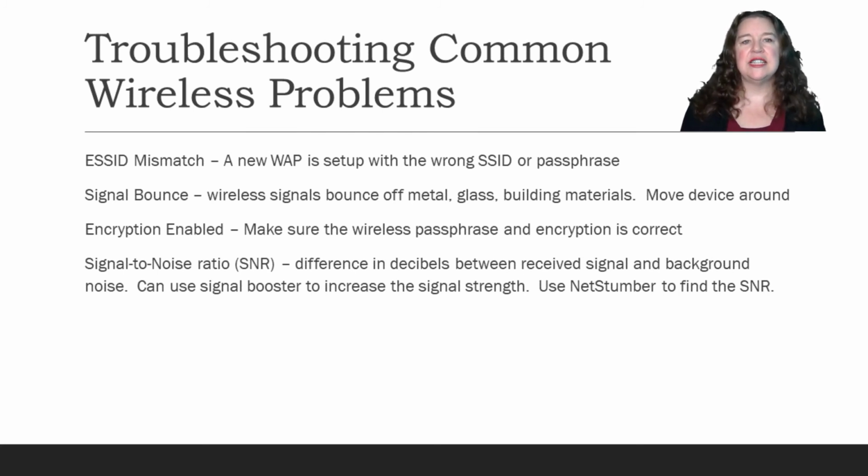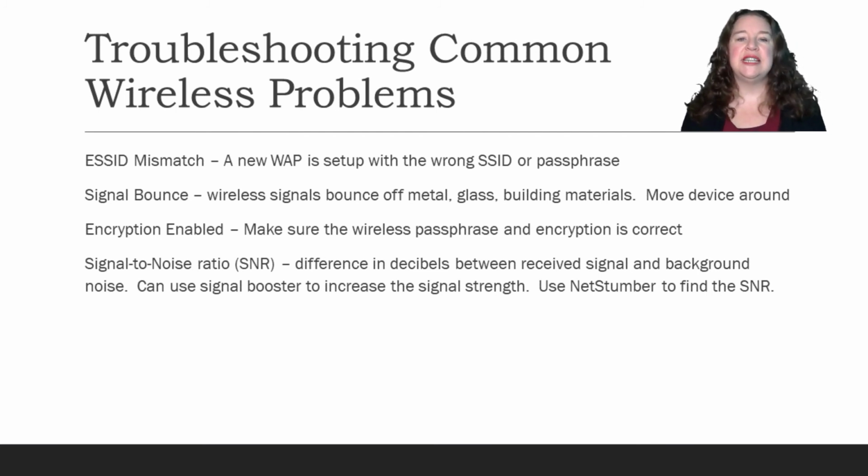And the last is that signal to noise ratio that we kind of danced around before. When you have the signal coming in wirelessly and you have background noise, if your background noise is so high that your computer can't hear the actual signal, you can have a signal to noise ratio that's going to cause trouble. You can use a signal booster to increase that strength.